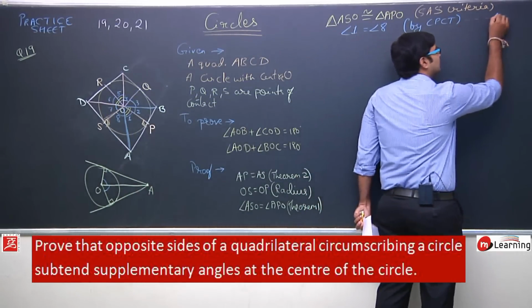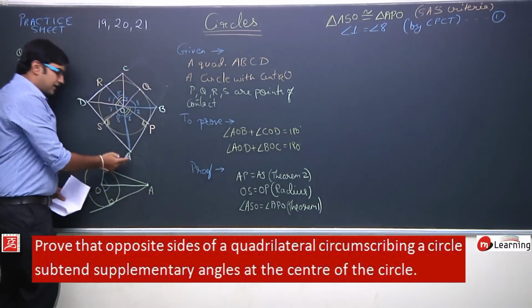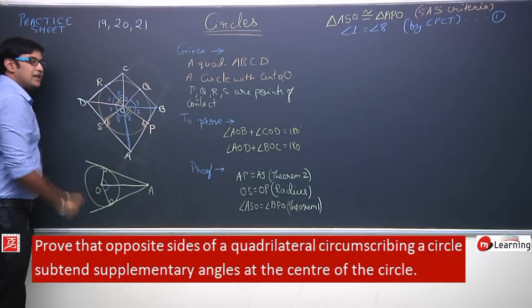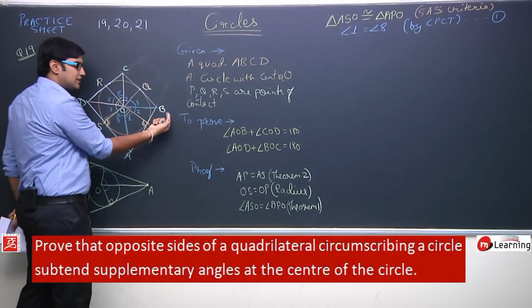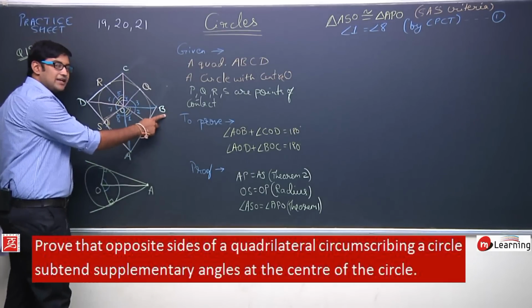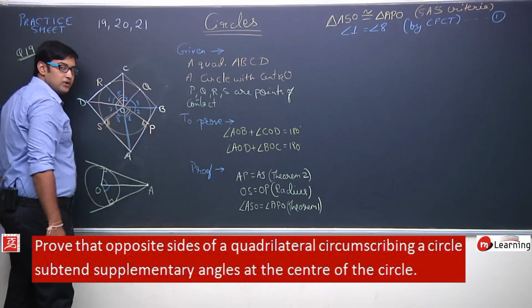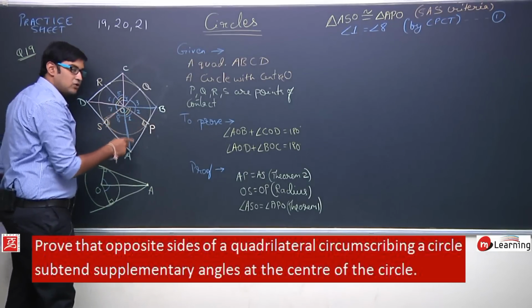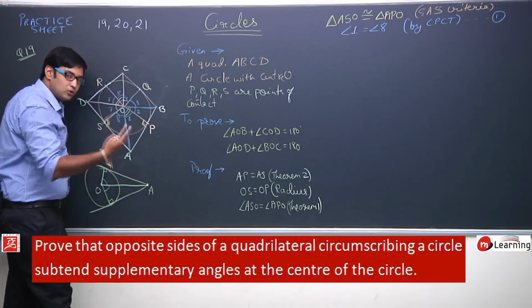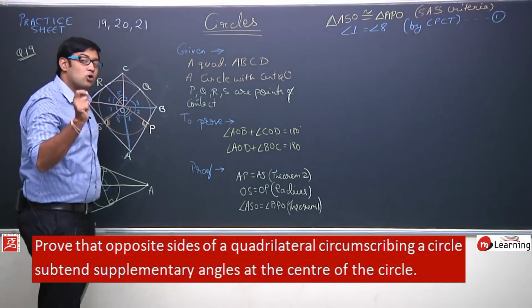Let us say this is our first equation. As we have considered point A, we have angle 1 and angle 8 as equal. If we consider point B, I can have two triangles from point B, BOP and BOQ, and the same way I proved ASO and APO congruent, I can prove that BOP and BOQ are also congruent.